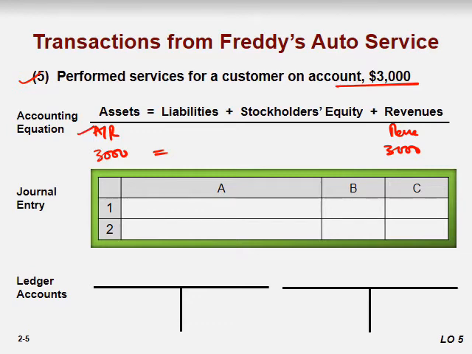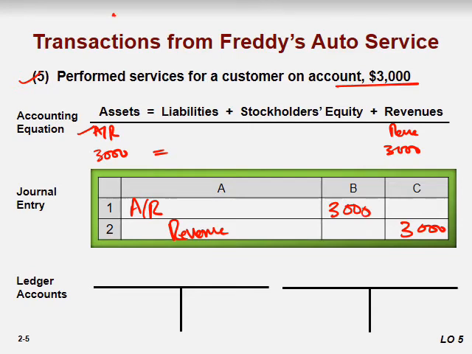Accounts receivable, asset increase, debit, so we can write it down, accounts receivable to revenue. So revenue is 3,000 on the credit side, accounts receivable is 3,000 on the debit side, and you just post it here.